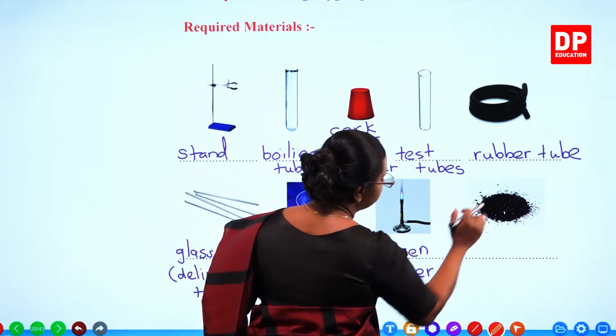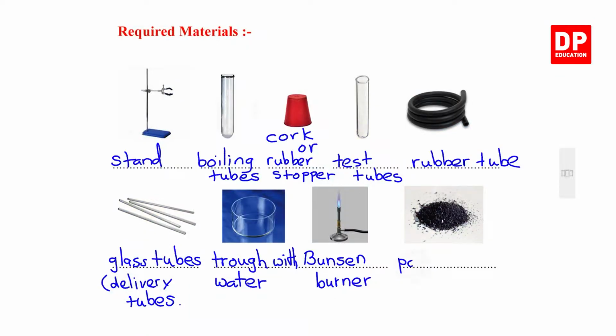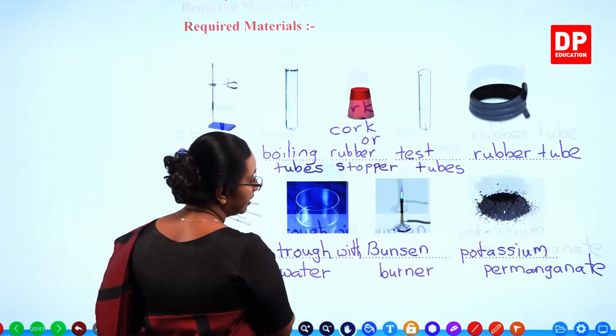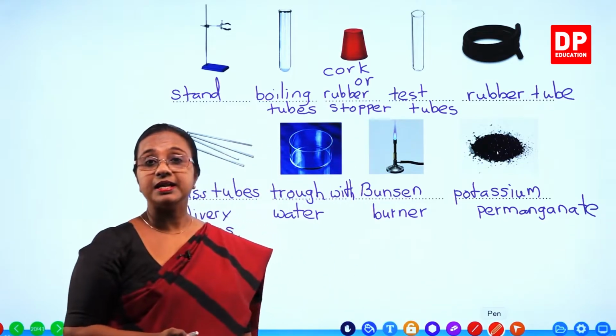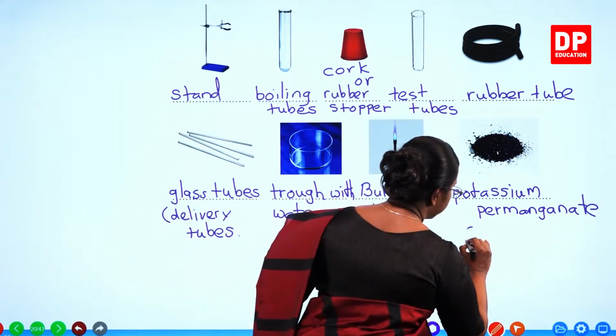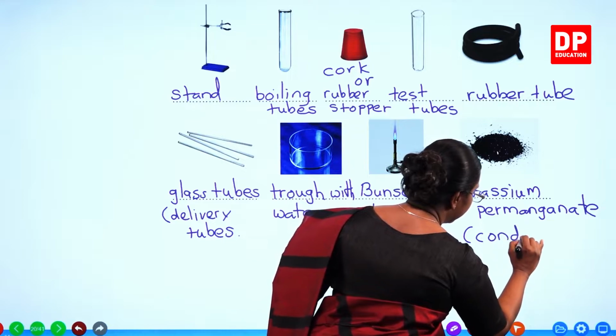Then in this activity, we will be using potassium permanganate. So what is the other common name given for potassium permanganate? We call it Condy's. You all are familiar with that as well.